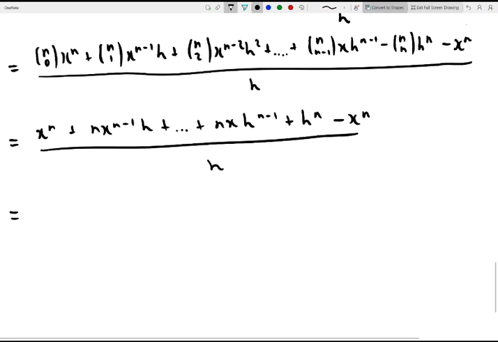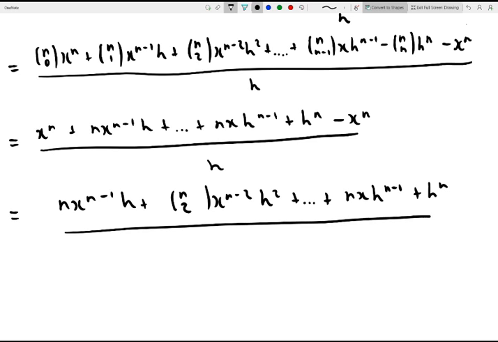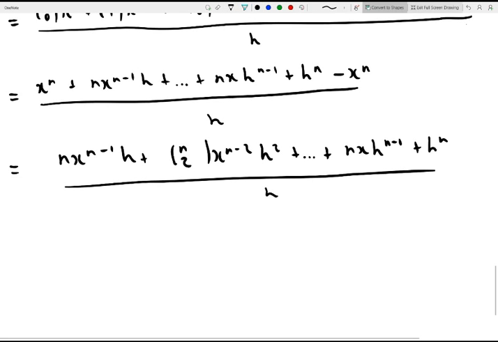Then we have n x to the n minus 1 h plus n choose 2 x to the n minus 2 h squared plus everything in the middle plus n x h to the n minus 1 plus h to the n, all still divided by h.